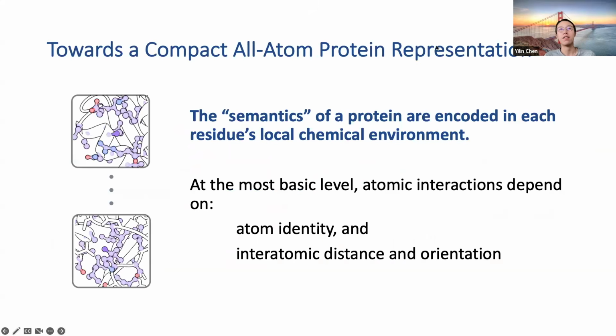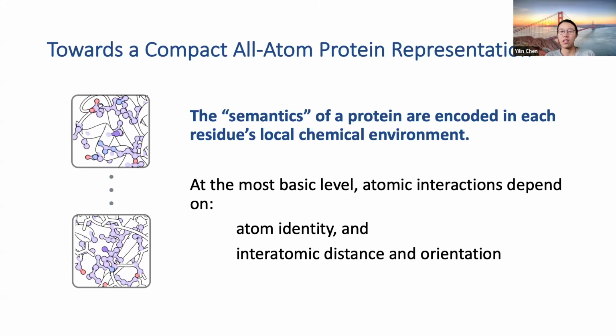So now, bringing us back to proteins. I want to build something toward a compact all-atom protein representation. And this is my hypothesis: the semantics of a protein are encoded in each residue's local chemical environment. So how do we learn the semantics of a protein? We just apply similar logic from DINO to the atomic system.